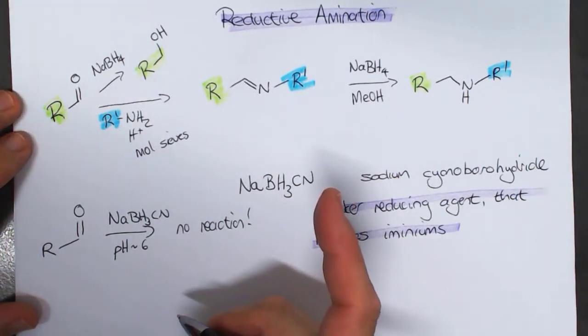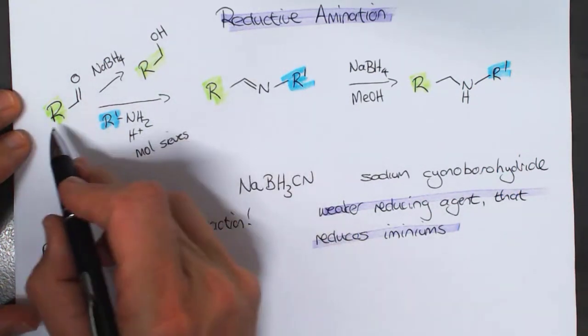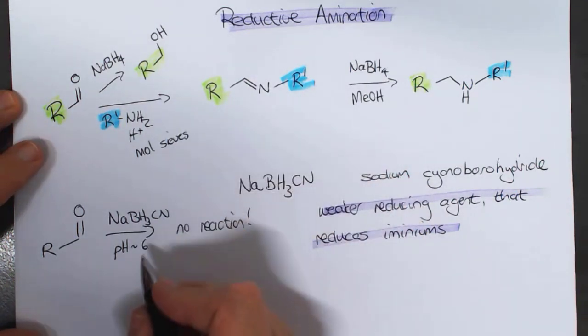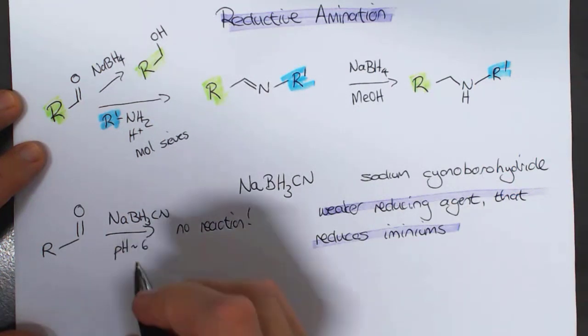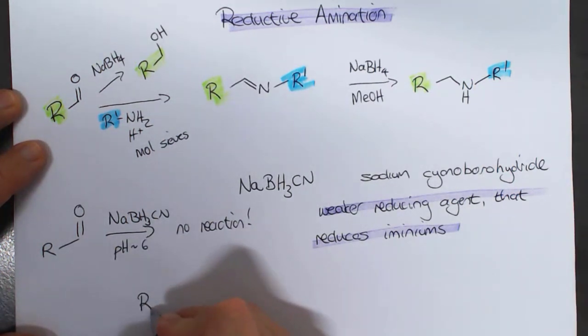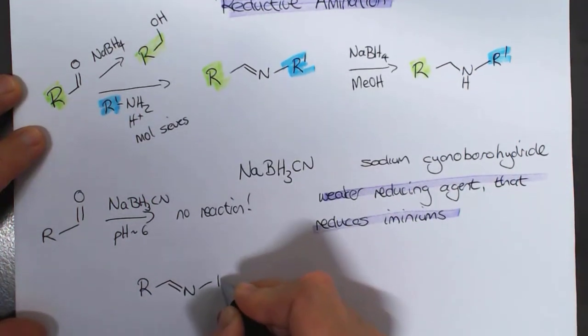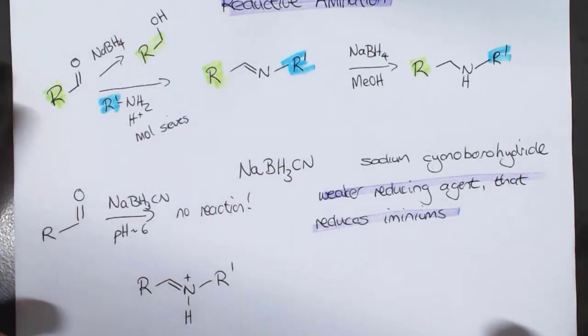But at a pH of 6, slightly acidic, imine formation is very, very favored. But notice, because we're at a low pH, not so low, just slightly acidic, the intermediate that forms is not the imine itself. We would have to neutralize it to fully get the imine, but we actually get this, the iminium.